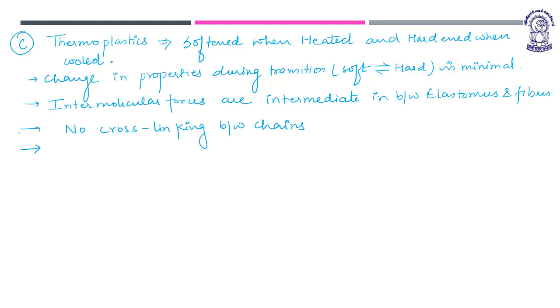Because of the softening, when softening occurs in the polymer, the chains move and become free, because of the absence of cross-links.